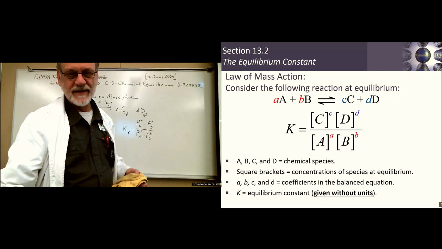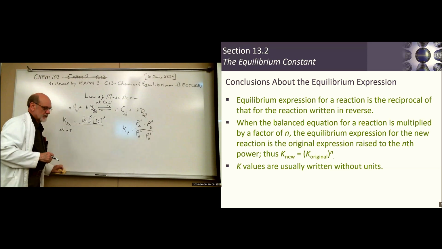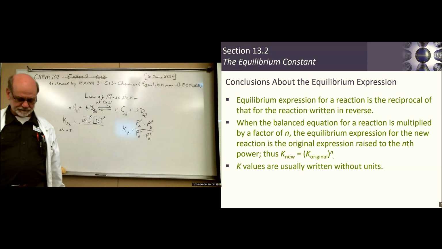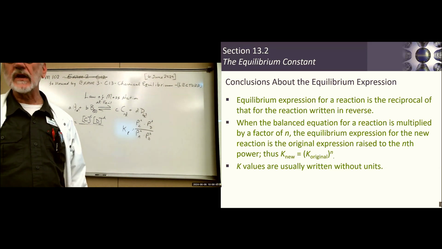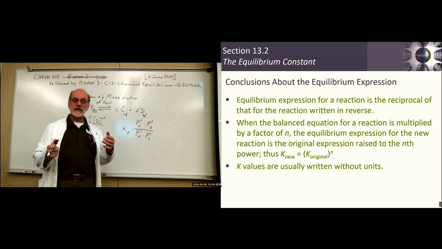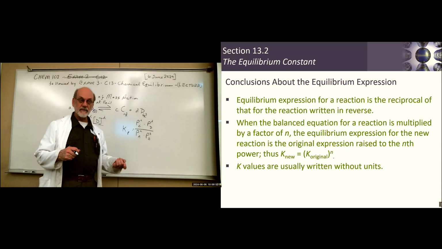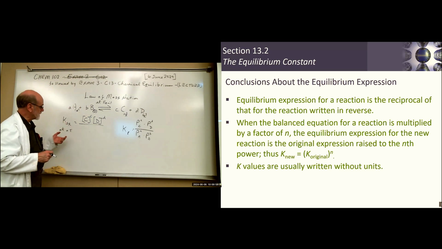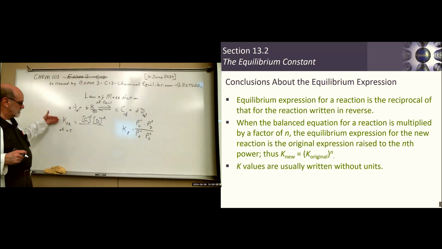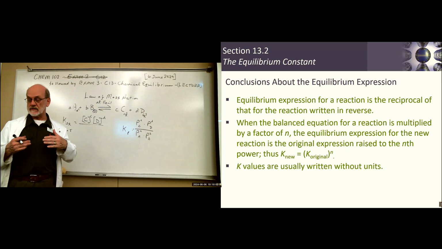All right. So, remember Hess's law, where you can combine equations and you can calculate the theoretical enthalpy for a reaction. Well, we can combine equations and we can propose a composite equilibrium constant for a combination of equations.